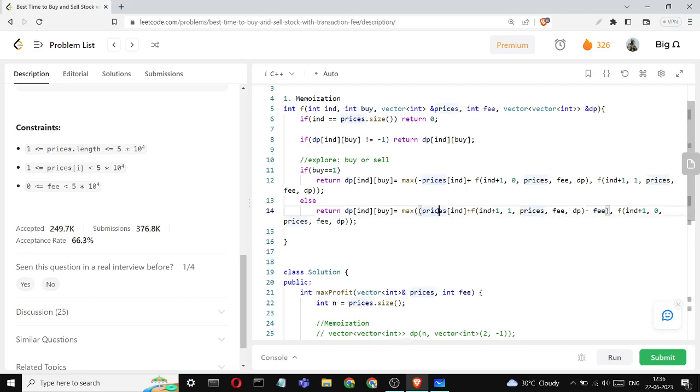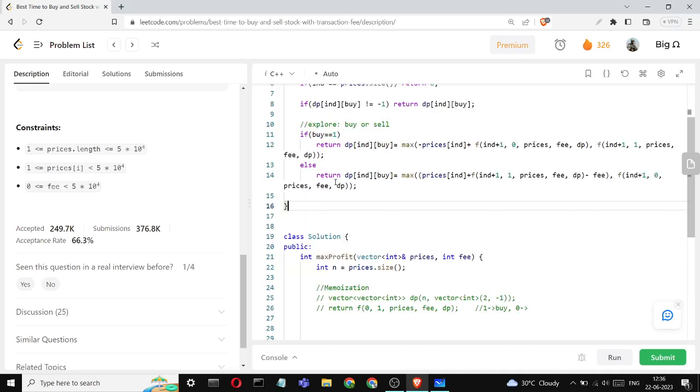So at the time of selling, that will be a complete transaction, so subtract this fee. And this is when you are selling. And if you don't want to sell, in that case just go to the next index with the same sell indication. This is the memoization solution.